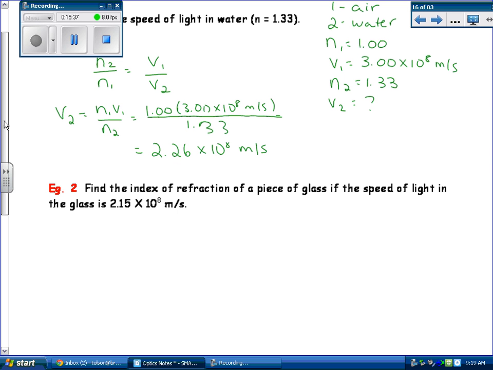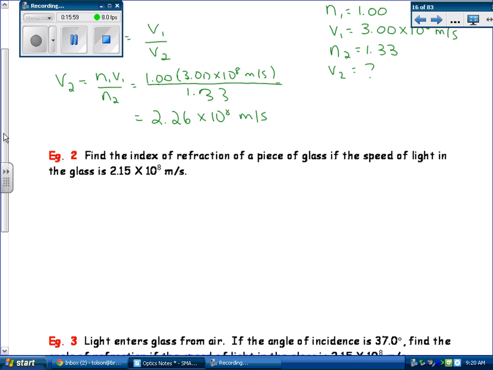We have all that we need for air except the incident angle, and that doesn't matter if you're given angles. We know the speed of light in air, we know the refractive index of air, and we know wavelengths of different colors of light.